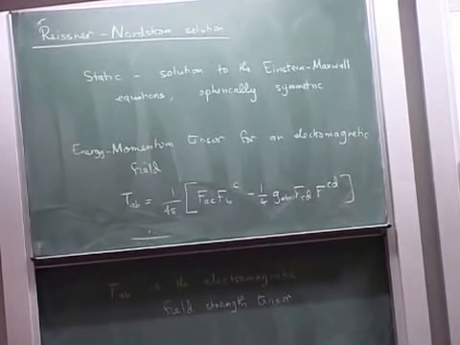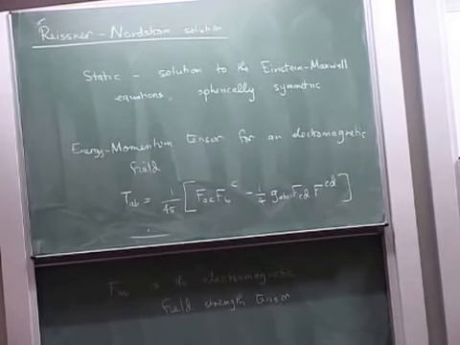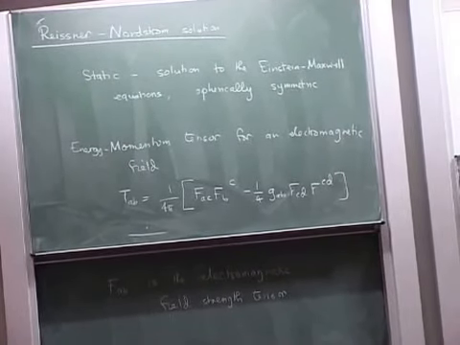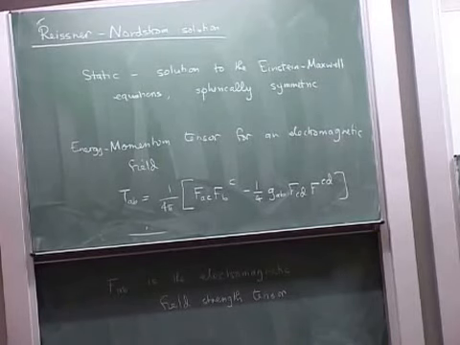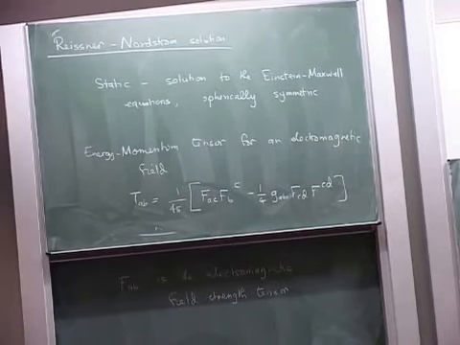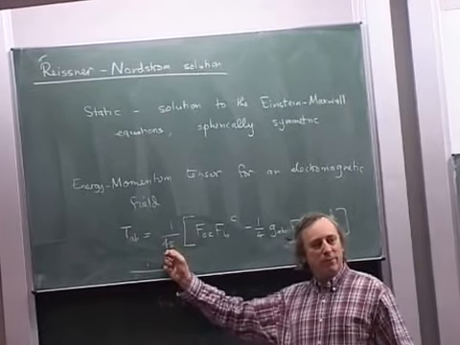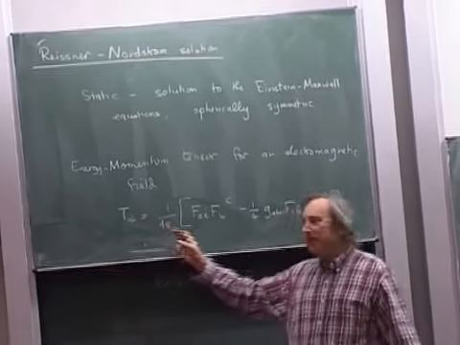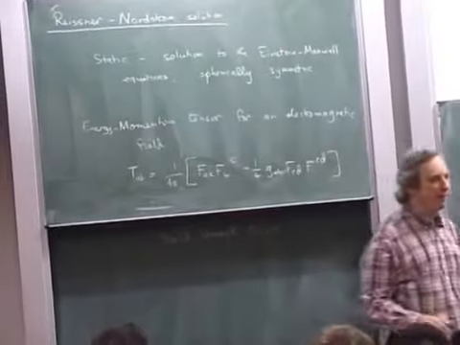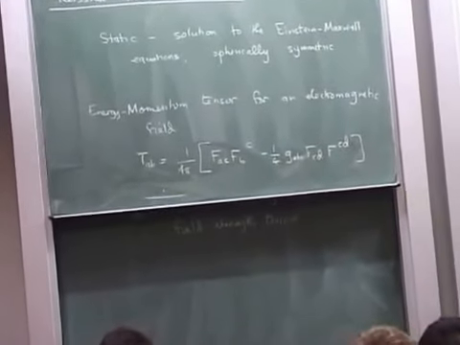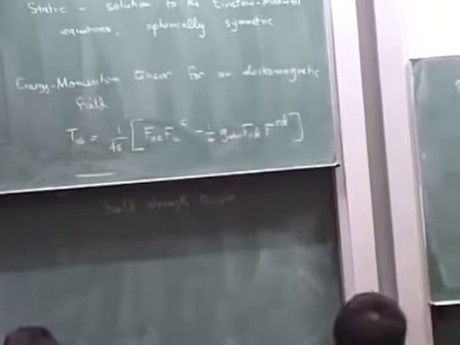The easiest thing to do is to pick t, r, theta, phi coordinates. Oh, well, there is one thing which I should say about this. It might be that you don't have a 1 over 4 pi here, but you actually have a 2. This 4 pi has been put in to make life easy for you, so that there are no horrible factors of 4 pi appearing absolutely everywhere.